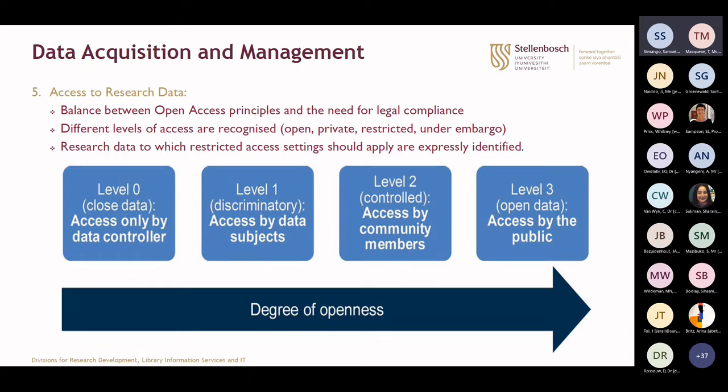So the university does recognize that there are different access levels that should be associated with research data. Not all research data are capable of being published, or should be published. That would not be a desirable outcome. So you have open classifications, private access classifications, restricted, as well as research data that are under embargo.